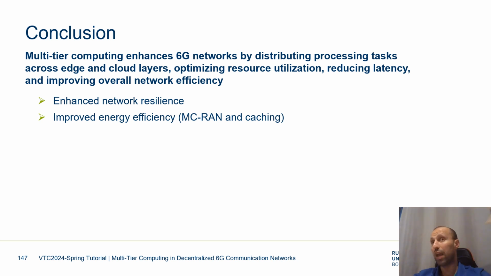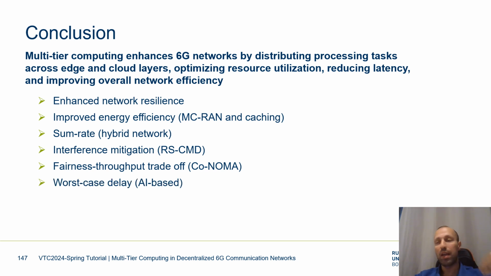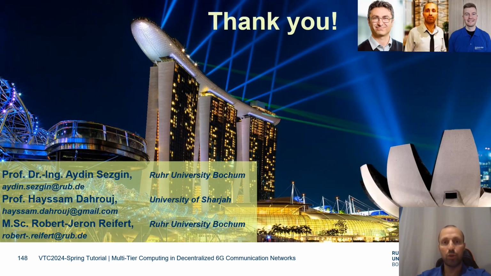How can they improve energy efficiency, which is a very important metric from a sustainability perspective? How can they improve throughput, which should always be the mother of all measures in communication, from a Shannon achievable rate perspective? We spoke about how to achieve high interference mitigation capabilities through rate splitting and common message decoding, in extended reality and cooperative NOMA, while also accounting for both the delay and the computational constraints.